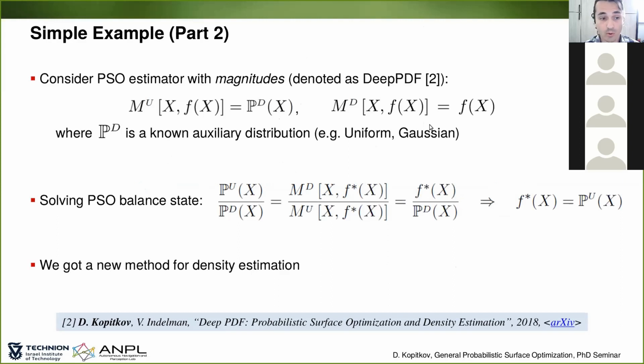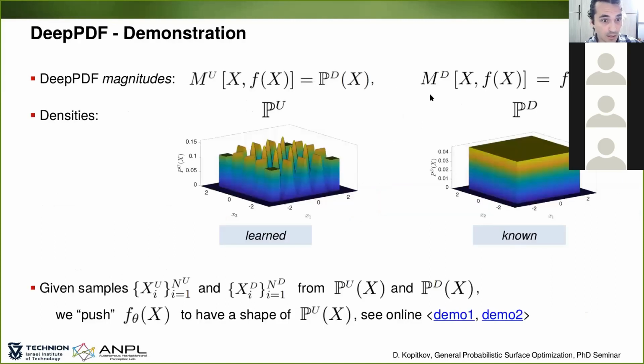It can be uniform or Gaussian, and it will create the downforce, the balance force, to create the equilibrium. Introducing this magnitude function into the PSO bound state will create this equilibrium here. So f star will be equal to pux, and we got ourselves a new method for density estimation, which I once called DPDF for some reason.